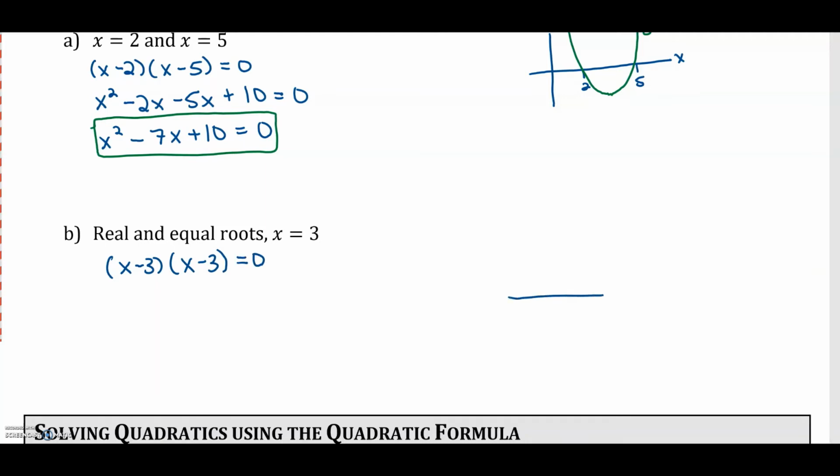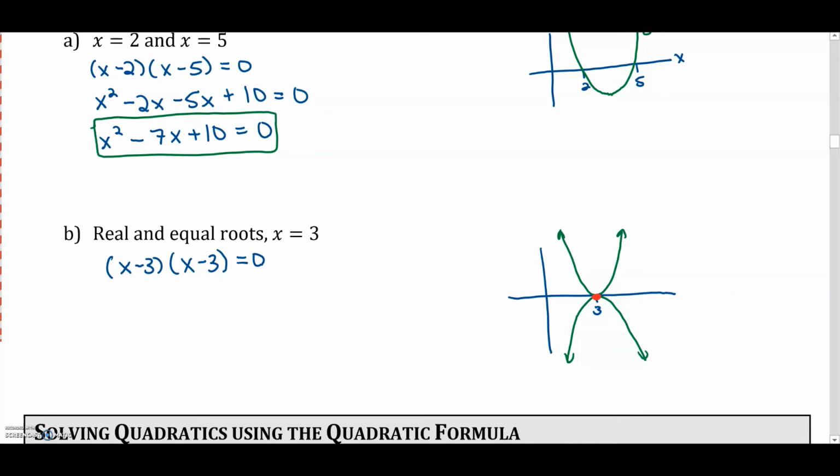One thing that we know is that our graph will look like the following. We have an x-intercept at 3, and our graph will either open up or down and have a single x-intercept at x equals 3.